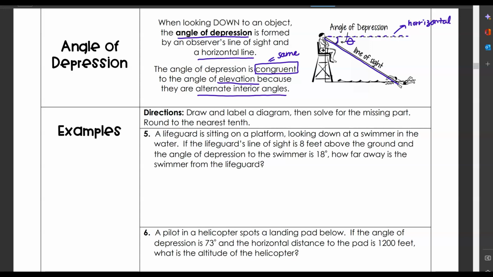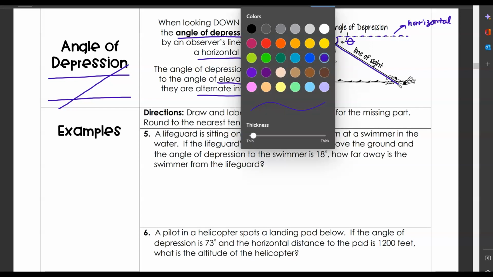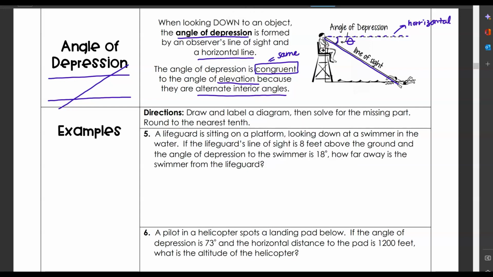So let's do a real quick review of some geometry. If we have two horizontal lines that are parallel, and they are cut by a transversal line, so here are my two horizontal lines, here are my transversal lines. Then you can see that this angle, let's call it theta 1, would be an angle of depression, because here's the horizontal line and here is the line of sight, if you want to call it that.